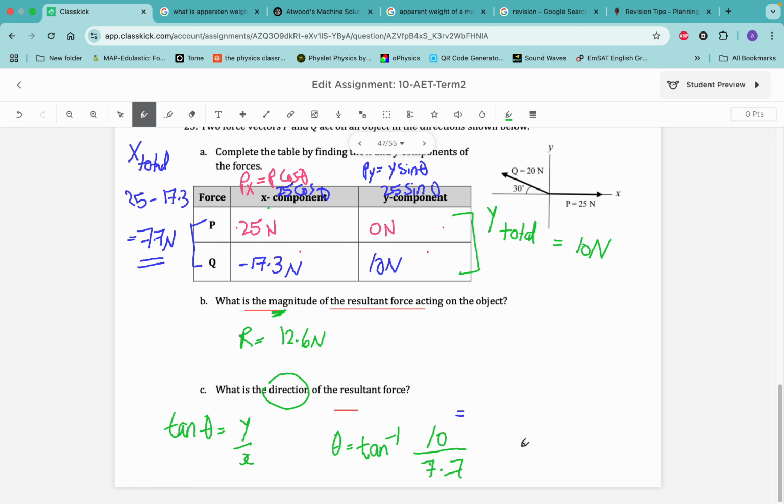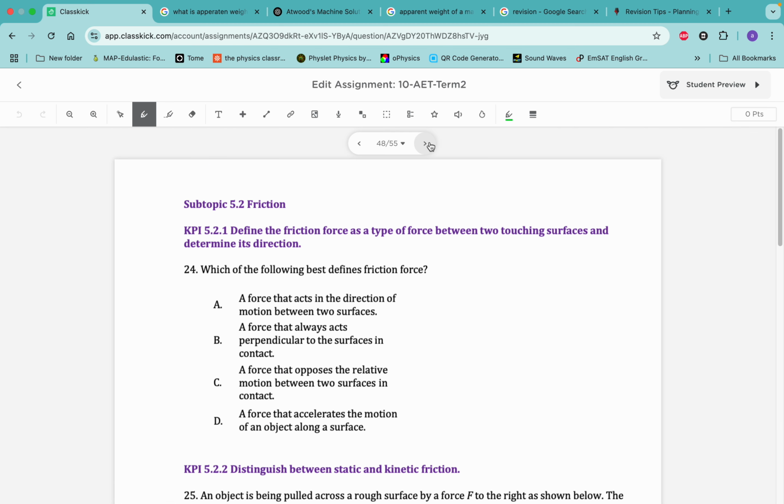Don't forget shift tan. It gives 52.4 degrees. This is regarding the idea of vectors.